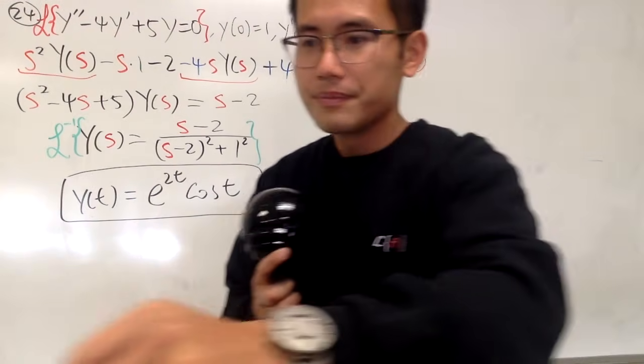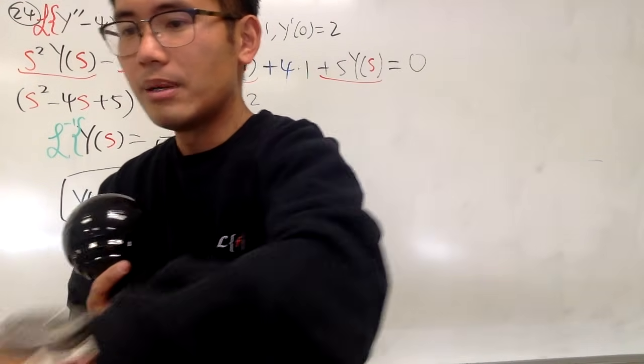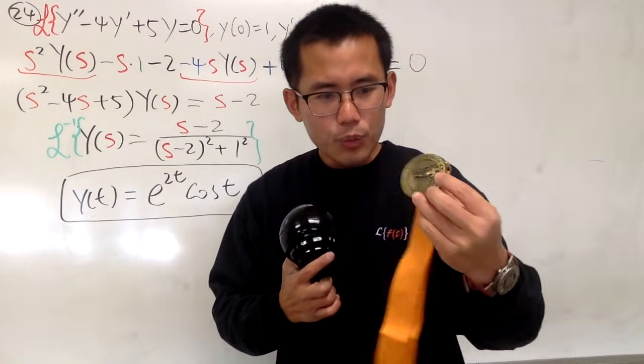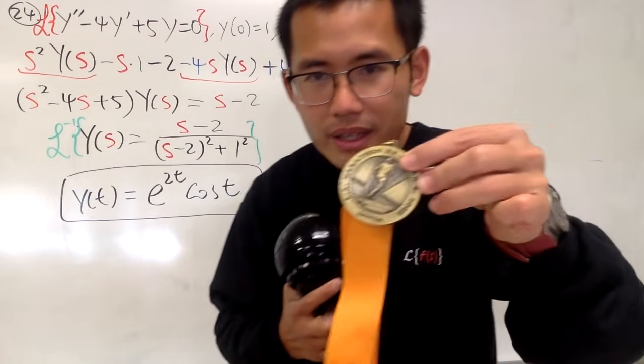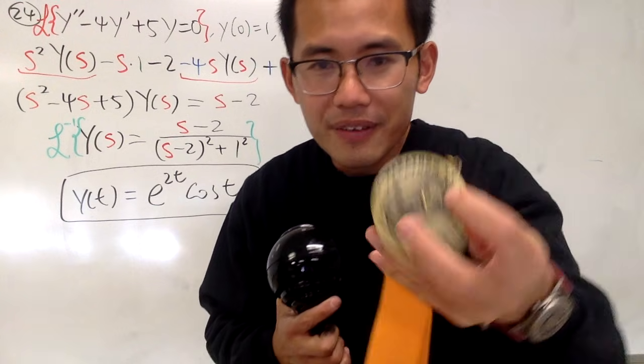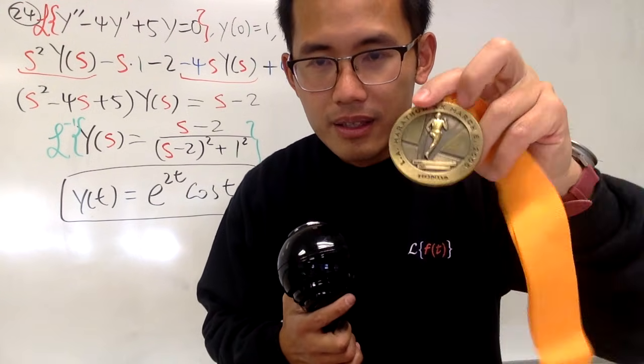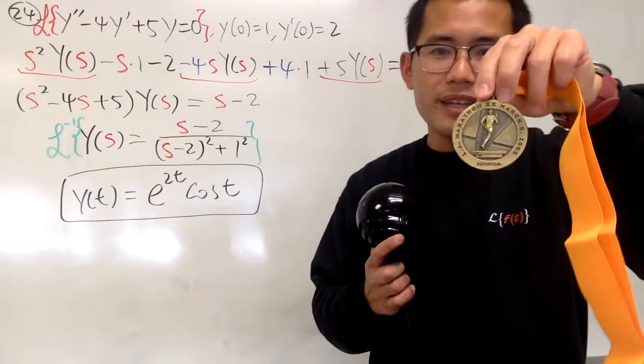And of course, let me show you my medal. This is a smaller one, but this is the one from 2005. This is actually my first one that I actually trained for.